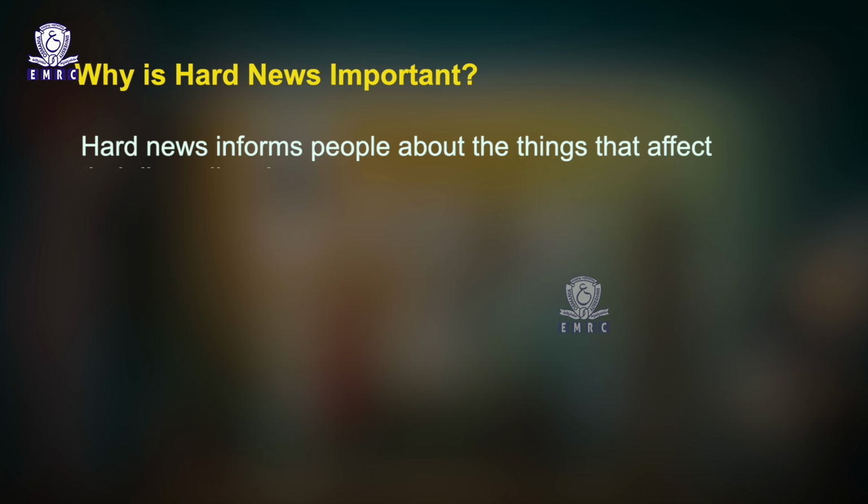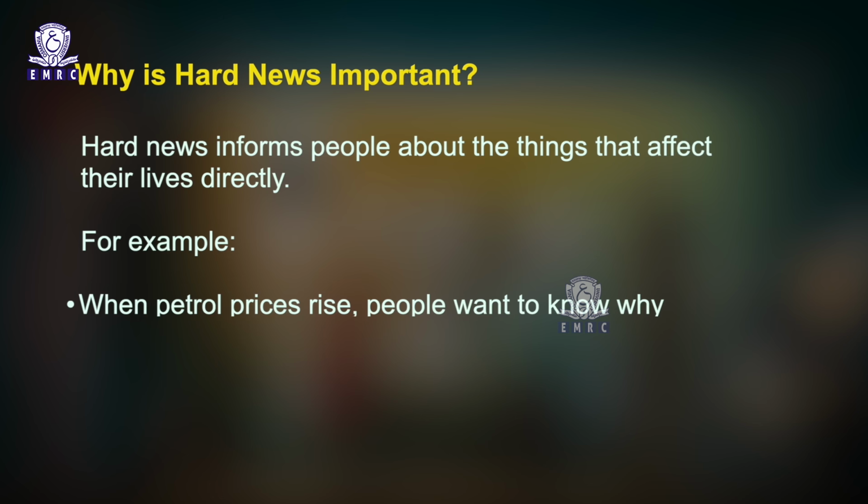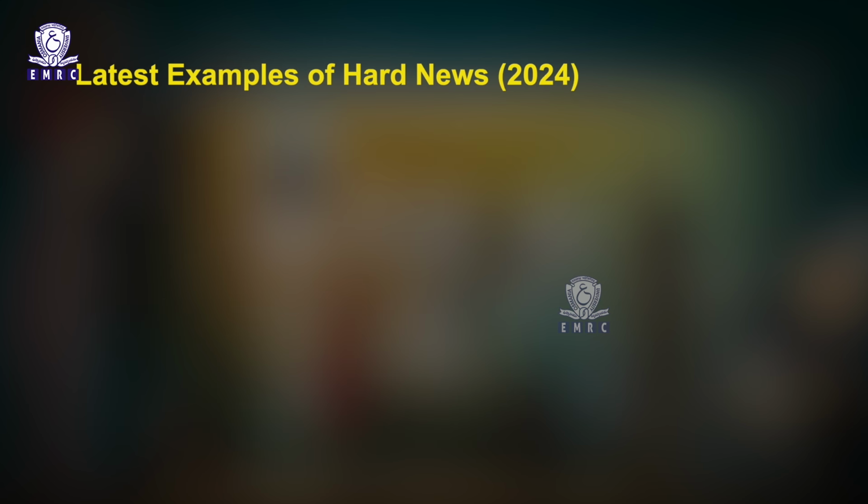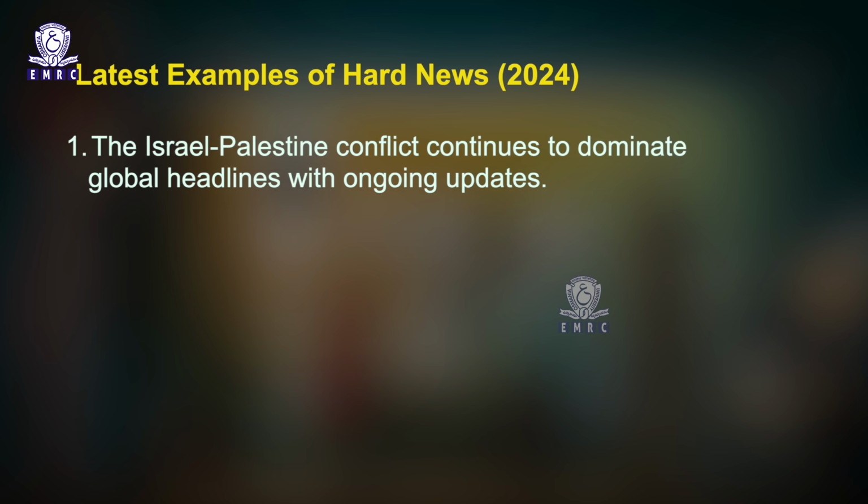Let's see that. Hard news informs people about the things that affect their lives directly. For example, when petrol prices rise, people want to know why and how it will impact them. During the elections, people rely on hard news to make informed decisions about voting. Some of the latest examples of hard news: the Israel-Palestine conflict continues to dominate global headlines with ongoing updates.